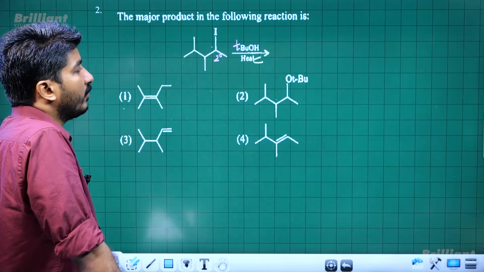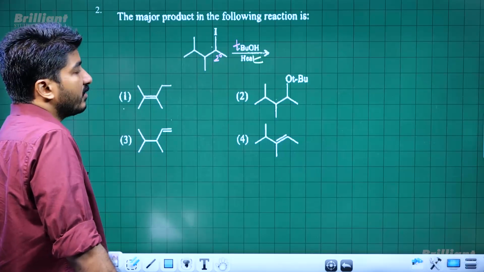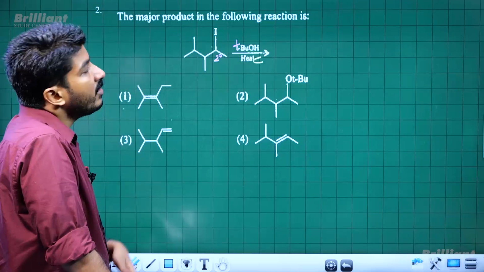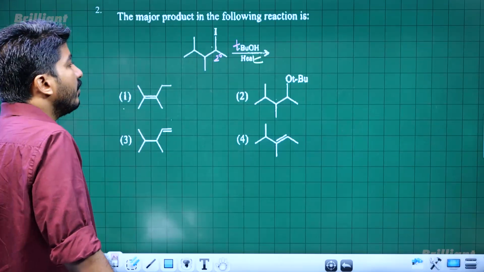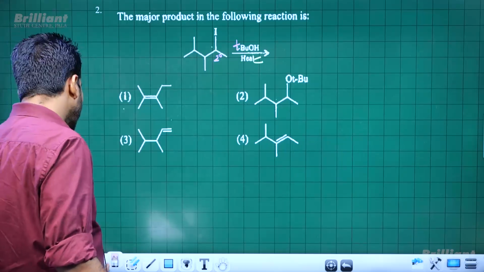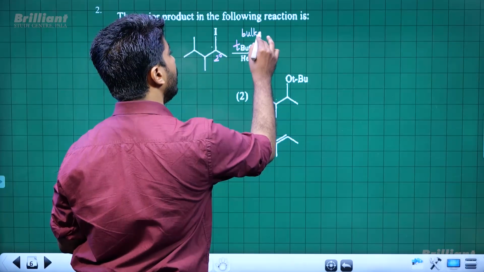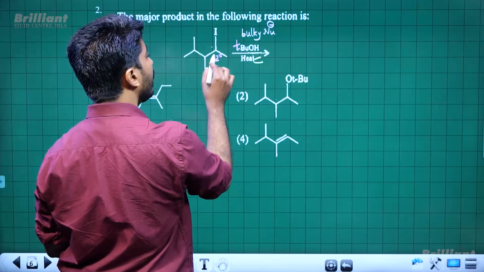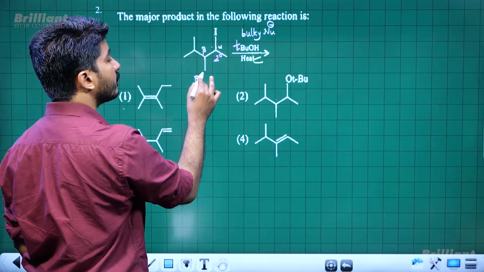Therefore we cannot have a direct SN reaction. Steric factors are there. Remember our rule, an increase in steric factors promotes elimination reaction. If we take tertiary butyl alcohol, this is a bulky nucleophile. And this is a secondary haloalkane. Also, if you see, the beta carbon is crowded.